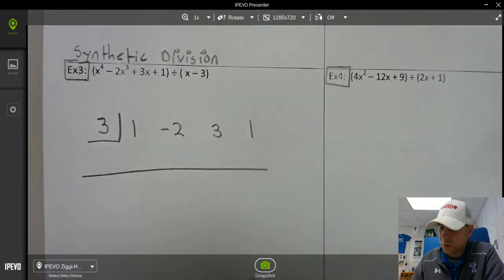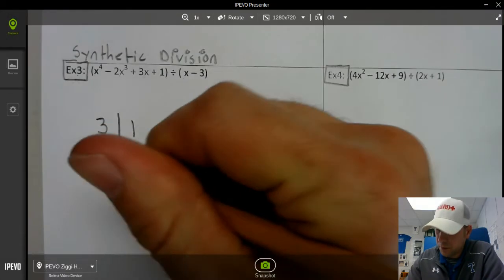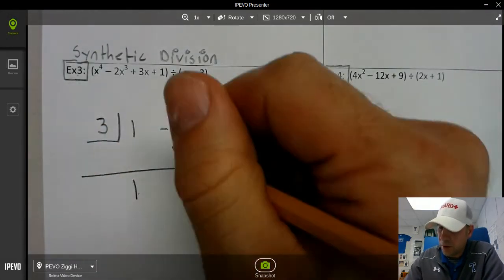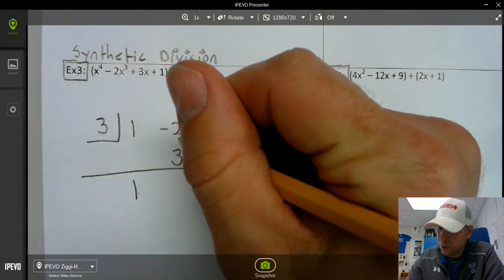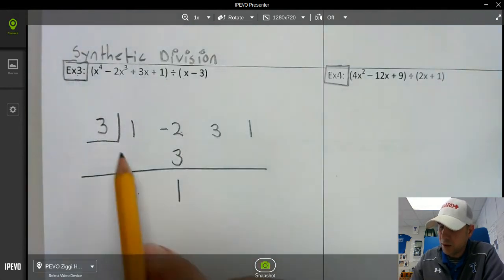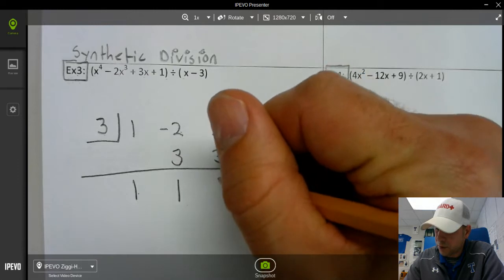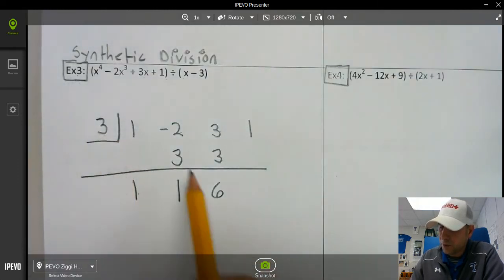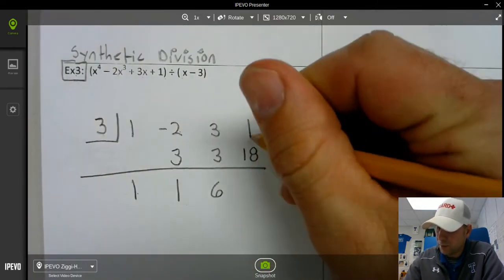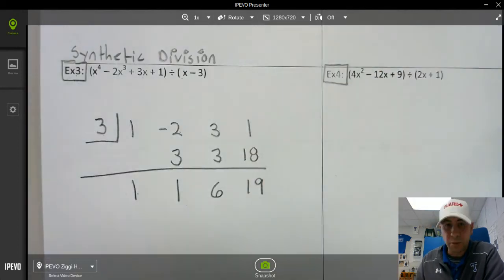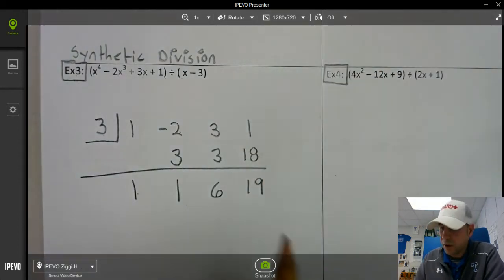Okay, so you bring down the 1. 3 times 1 is 3. Now you combine. So negative 2 combined with 3 is a positive 1. 3 times 1 is 3. Combine 3 and 3 is 6. 3 times 6 is 18. Combine, which is 19.